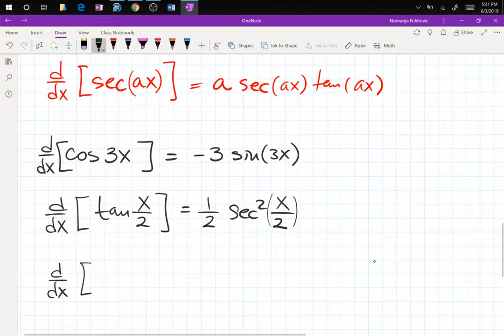And now, what is the derivative of x squared times cosine 2x?